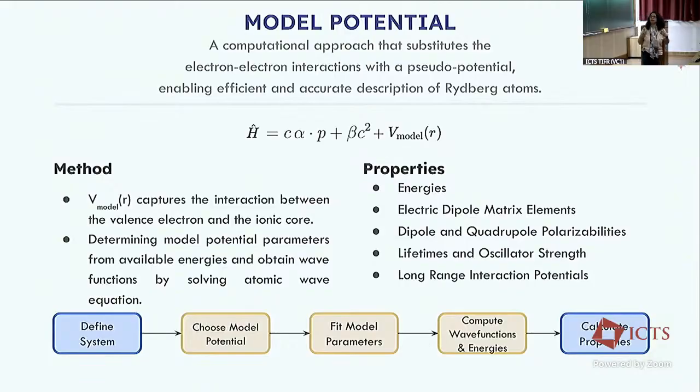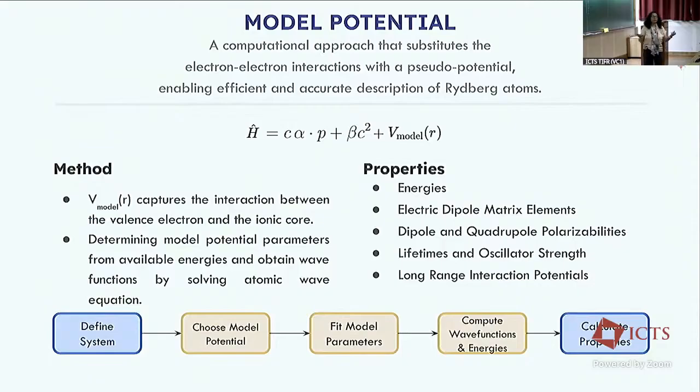But since we know how to handle the relativistic Dirac equation, our proposal is to include the model potential in the Dirac equation. And instead of adding the relativistic corrections perturbatively to the Schrodinger equation, as the other packages do, we are starting with the relativistic equation.